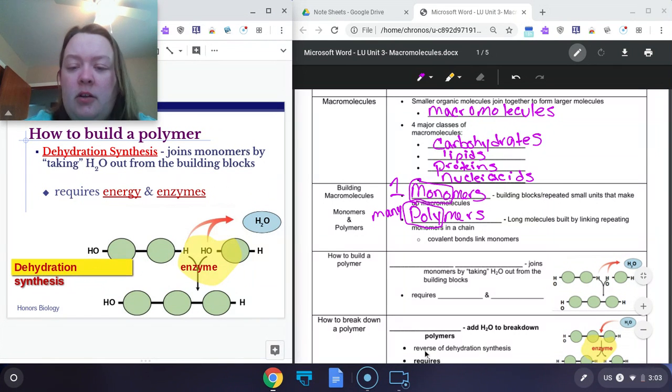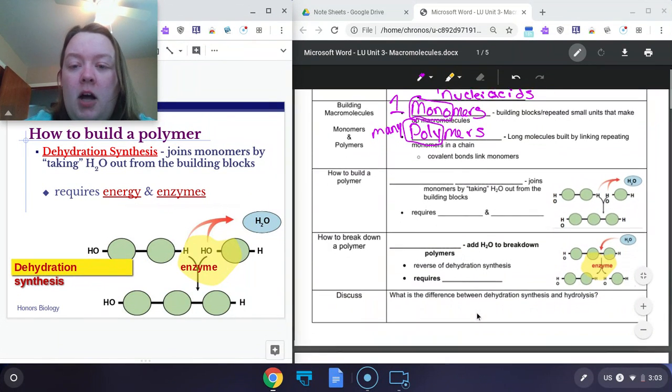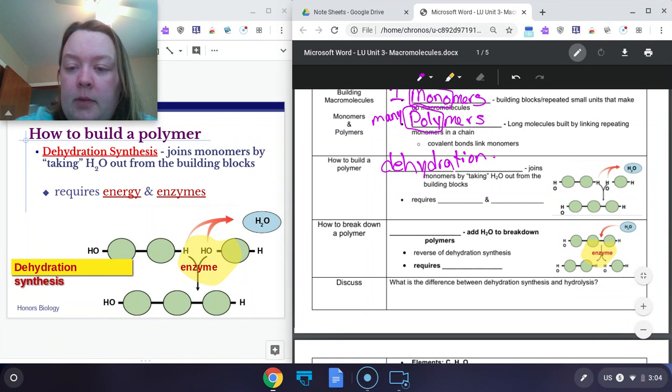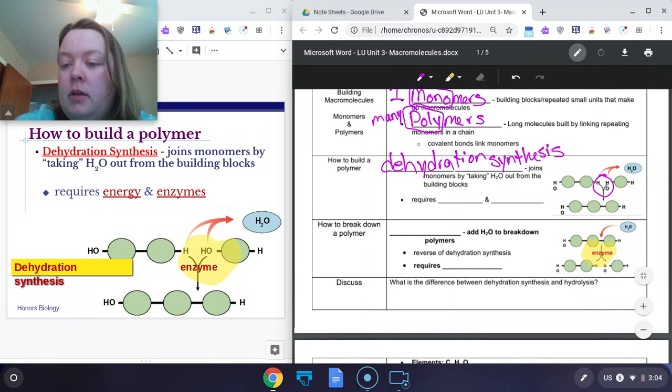The way that we build polymers is by a chemical reaction known as dehydration synthesis. Dehydration means you take away water, and synthesis means to make. So essentially, you are taking away a water molecule to form a bond.